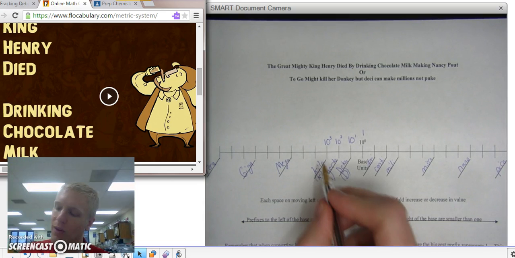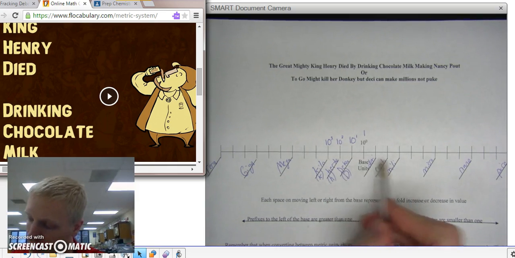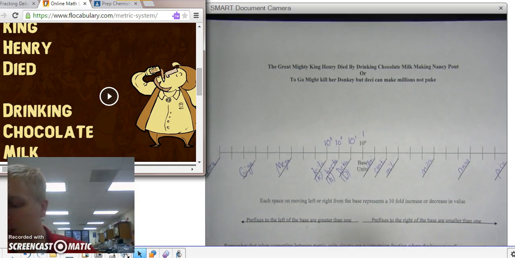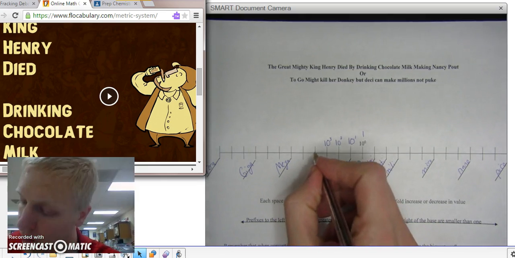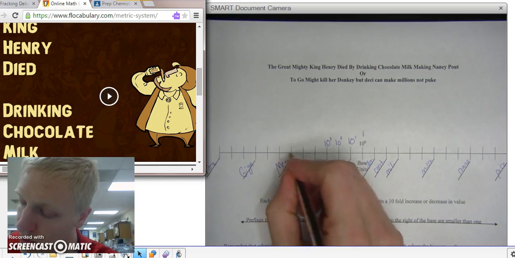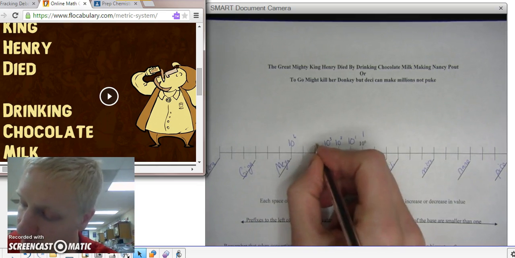When we get beyond our core 3 and then these 3, we've got to jump 3 steps. So from kilo to mega, 1, 2, 3, it goes by 3 steps, which means it's 10 to the 6.